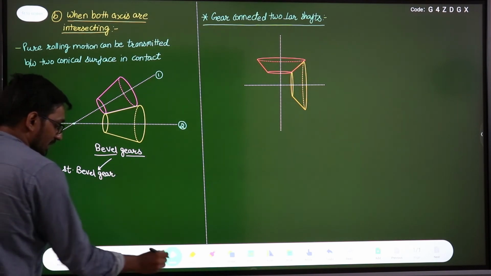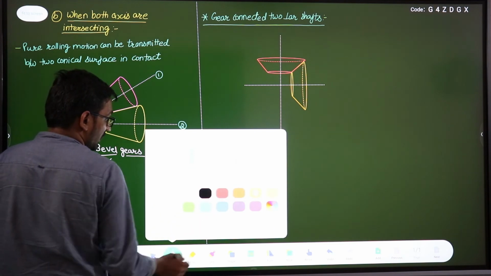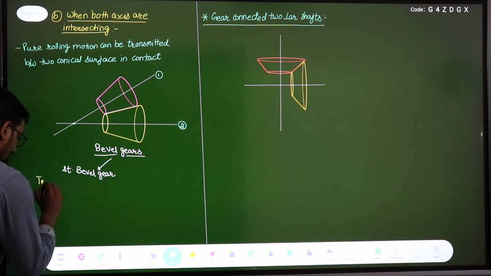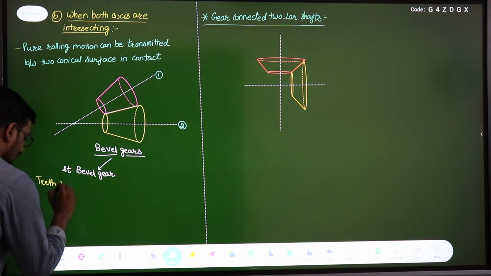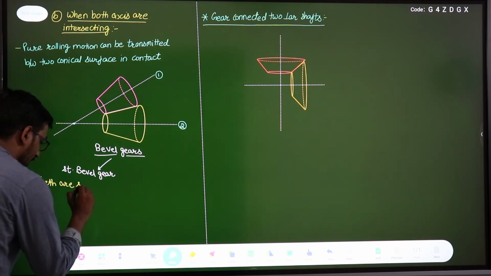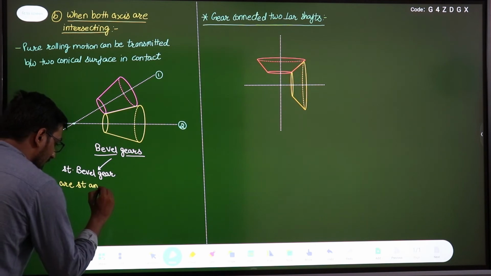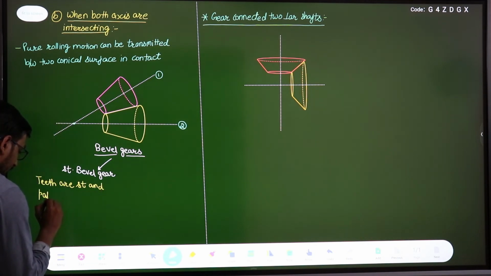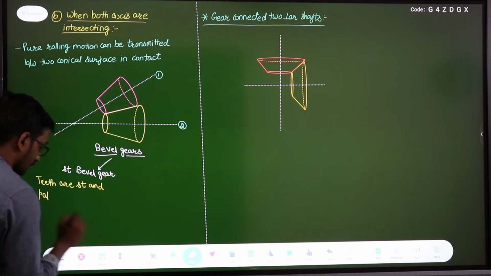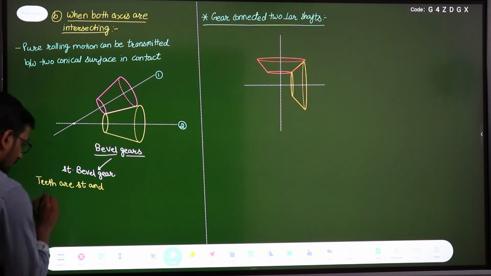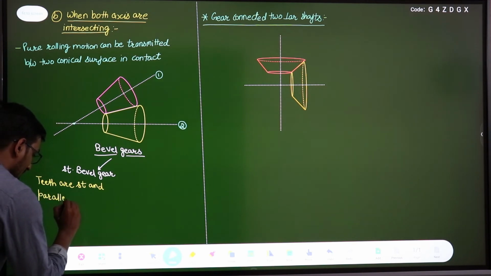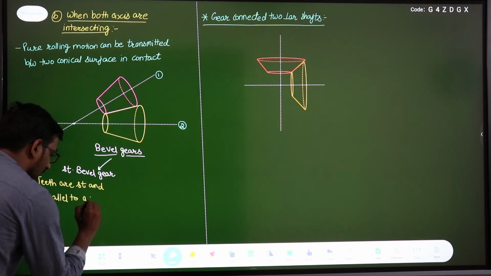Straight bevel gear means when the teeth are straight and parallel to the axis of rotation.